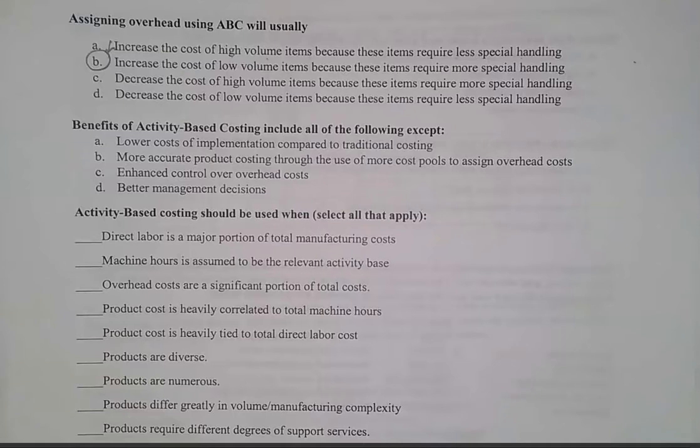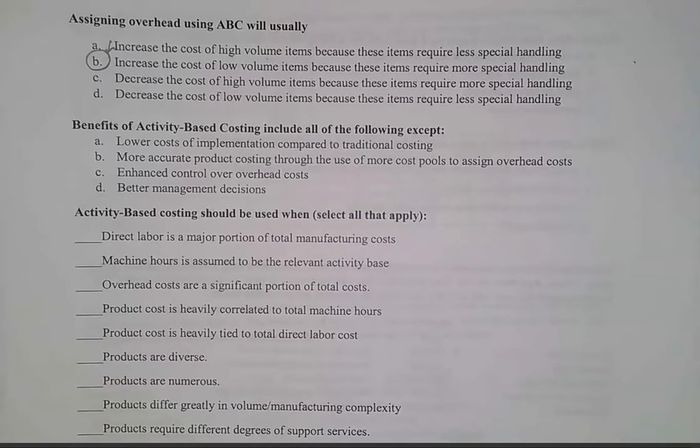But every time we engage in a process of manufacturing, especially in a process costing environment, the more items we make at once, the lower our costs tend to be.